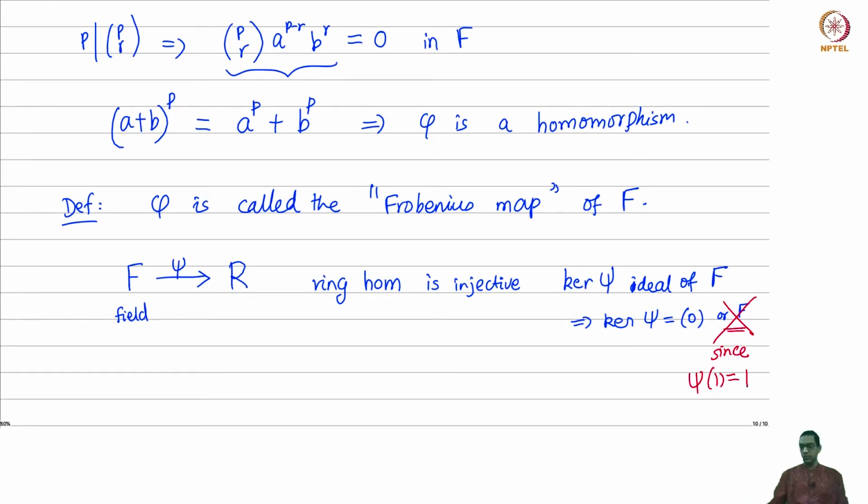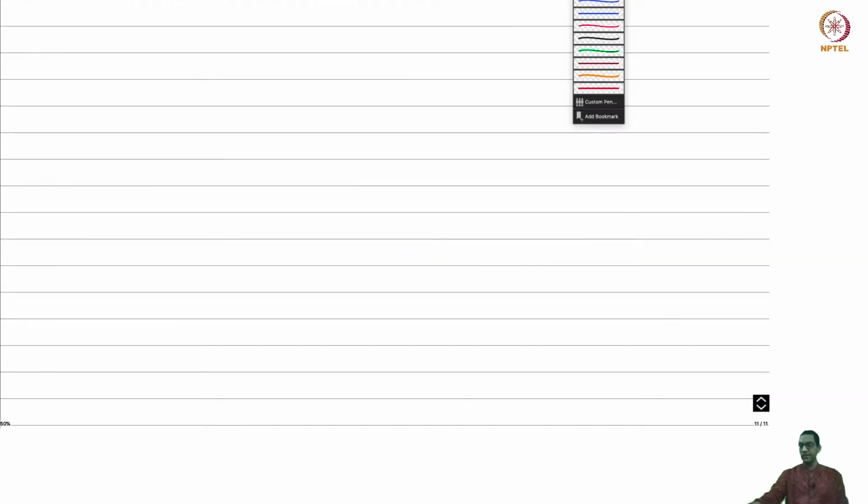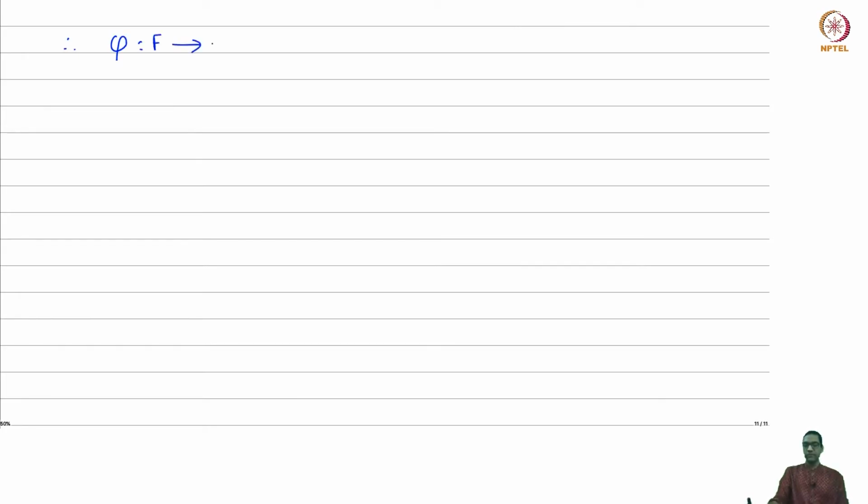Okay, so any ring homomorphism is necessarily injective if you are going from a field to some other ring, because a field doesn't have any ideals. Now, since this Frobenius map phi is a map from a field to itself, we therefore conclude that the Frobenius map from F to F, a going to a power p, is definitely injective.